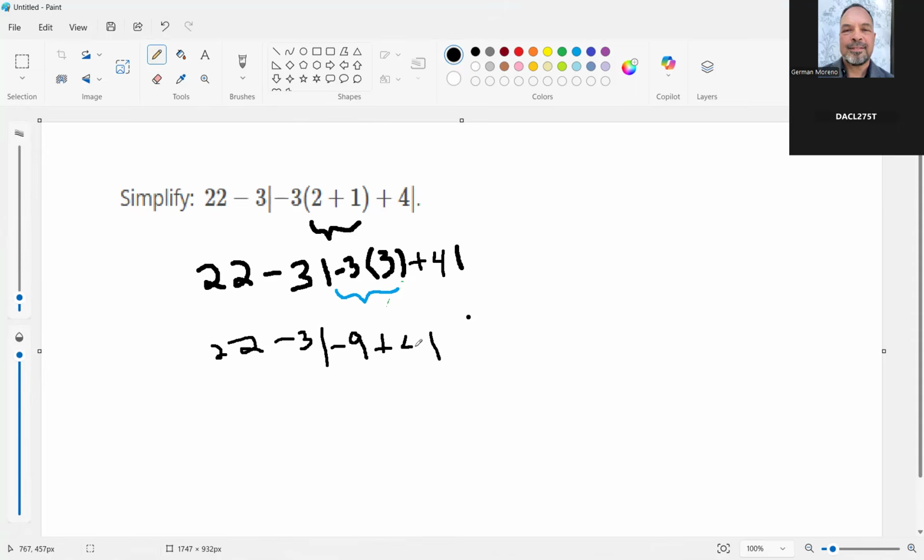Plus 4. So we went from a grouping, which was up here, this piece here, to a multiplication.